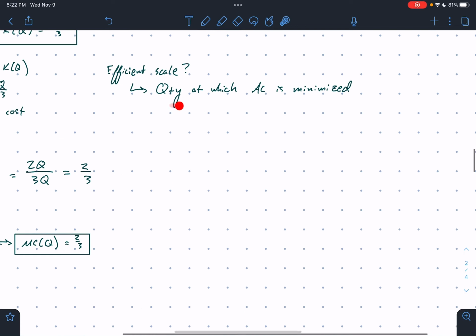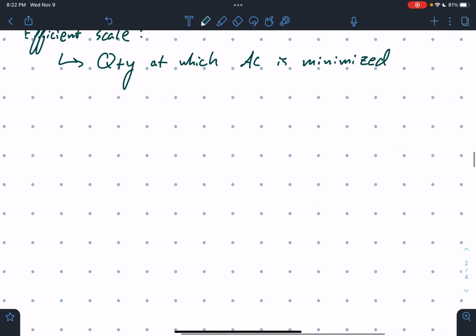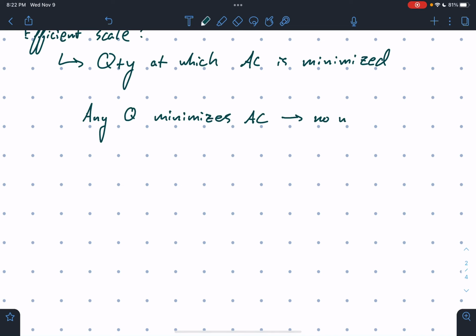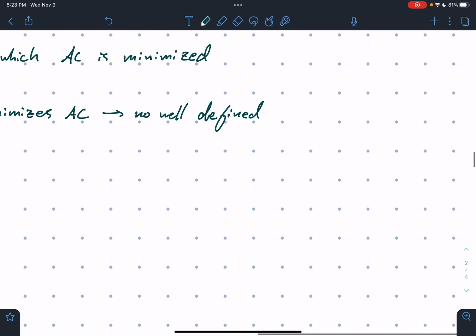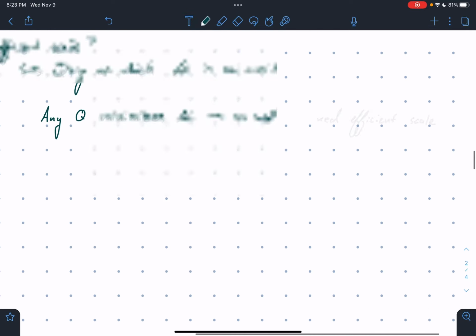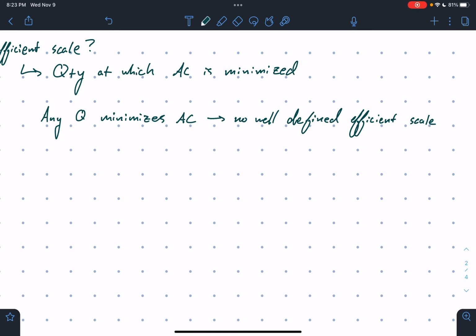So here, it's not really well defined. So there's no particular Q which minimizes this. It's just a constant average cost. So any value of Q minimizes AC.